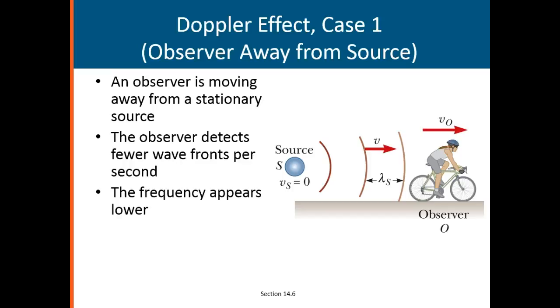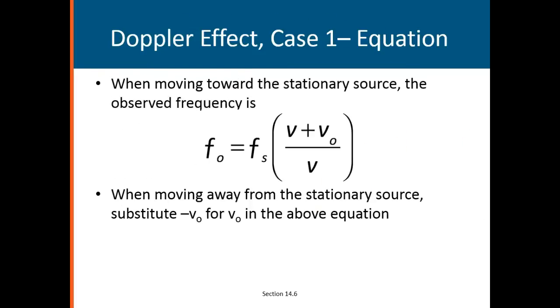Okay. So here's the equation. When moving toward a stationary source, the source is stationary, you are moving, the observed frequency, that's what the O stands for. This is not the frequency of the sound wave. That's your observed frequency of the wave.